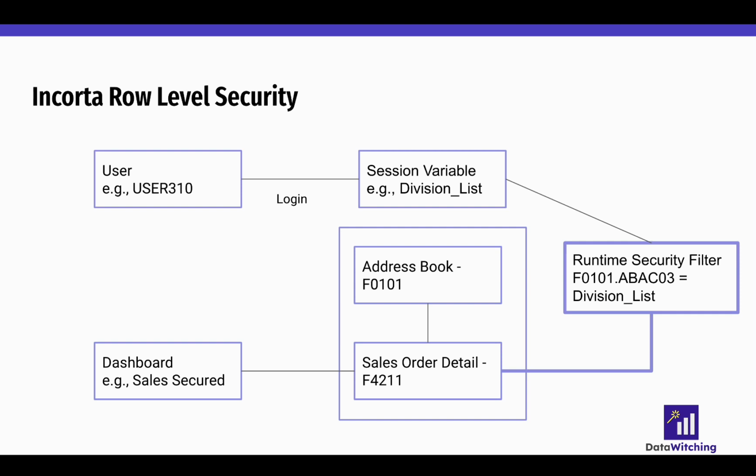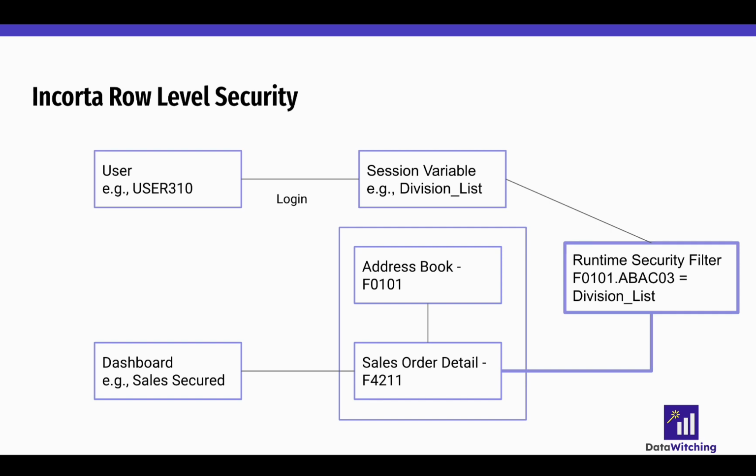Row-level security means that different users see different data on the dashboard based on their access. This is accomplished through Incorta's runtime security filters applied to tables containing sensitive information. The filter, which resembles a condition, doesn't necessarily use an attribute directly from the table.